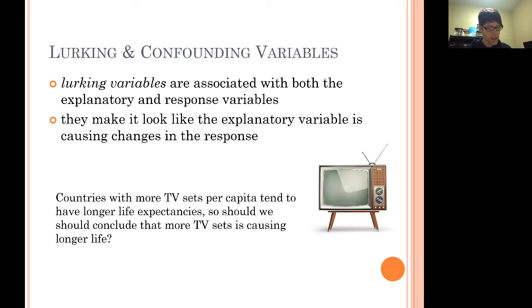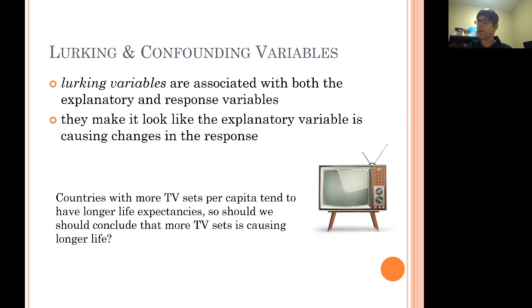And clearly that's ridiculous, right? More TV sets in a country does not necessarily mean that the humans there are going to have a longer life expectancy. So there's something happening in the background that's affecting both the explanatory and the response variable. Let's try to figure out what this is, or at least one potential answer.